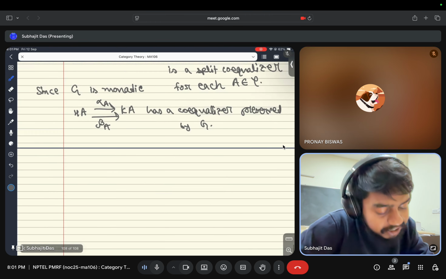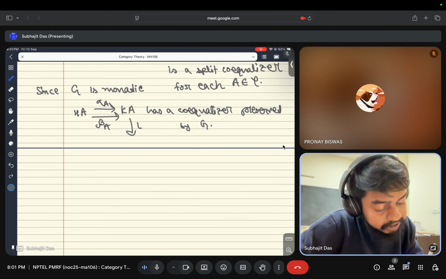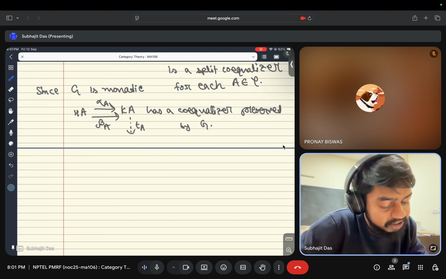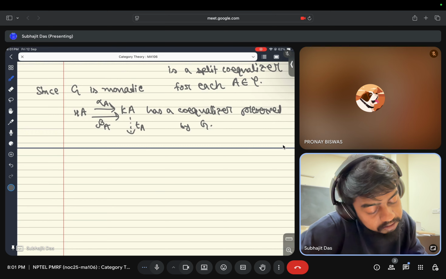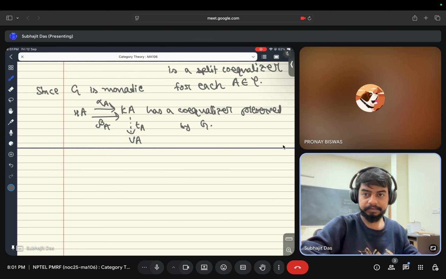So it has a co-equalizer. Let's say the co-equalizer is some arrow from TA to some object VA, which depends on A. So what can we say?